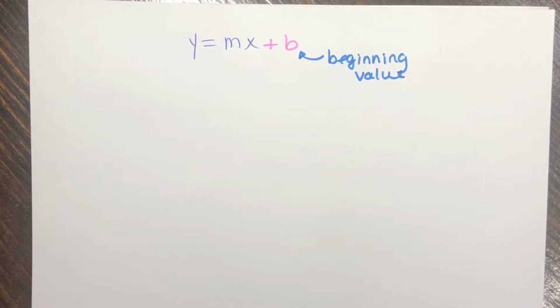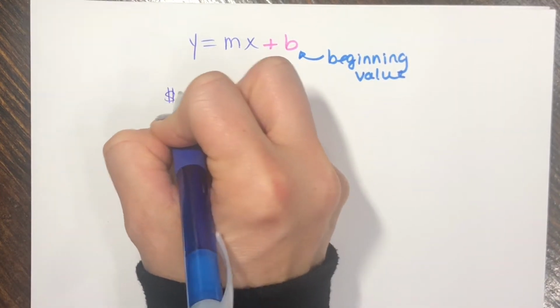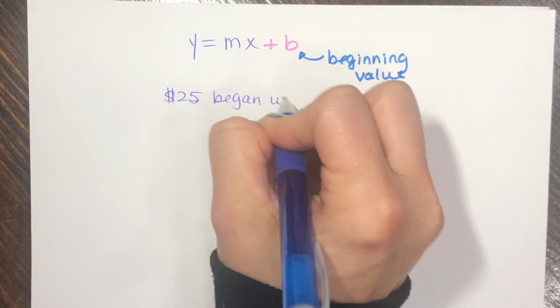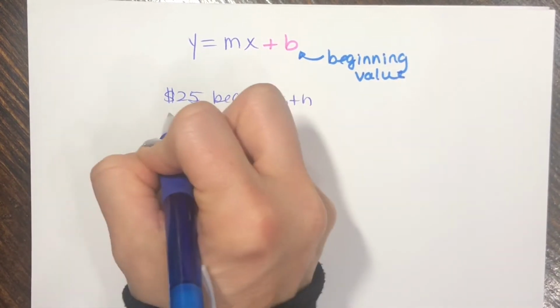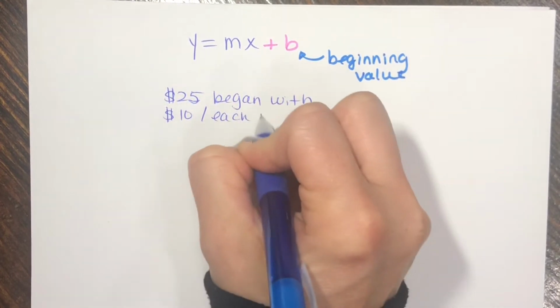I gave you all kinds of story problems, meaning you started with $25. That's what you began with, right? And then I said from there, you want to add to that. You're going to save $10 each week.